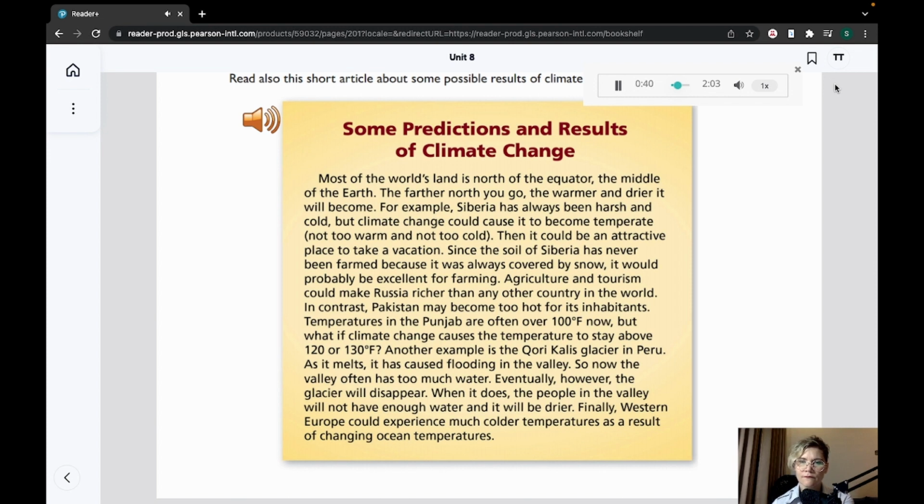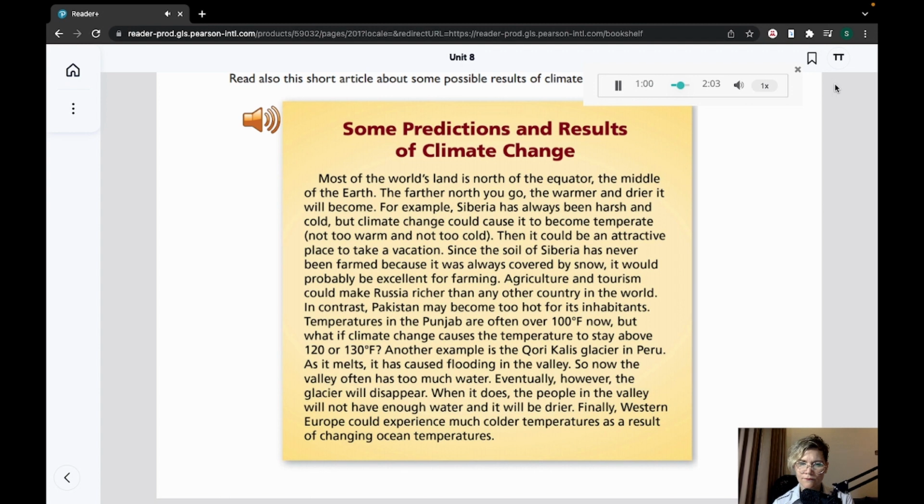Since the soil of Siberia has never been farmed because it was always covered by snow, it would probably be excellent for farming. Agriculture and tourism could make Russia richer than any other country in the world.